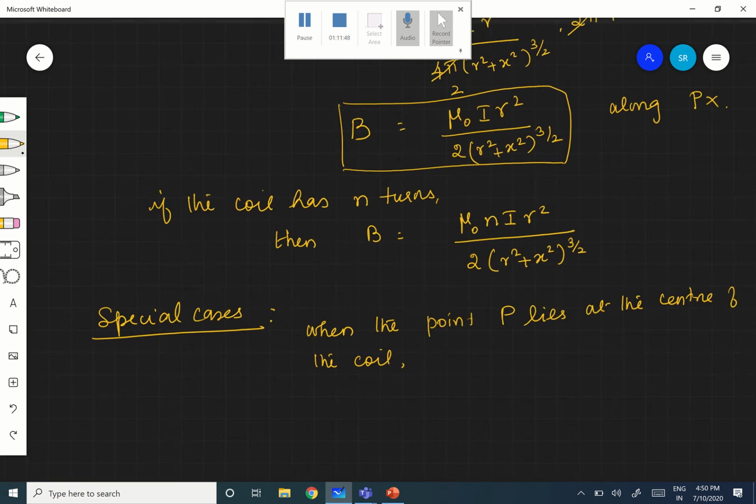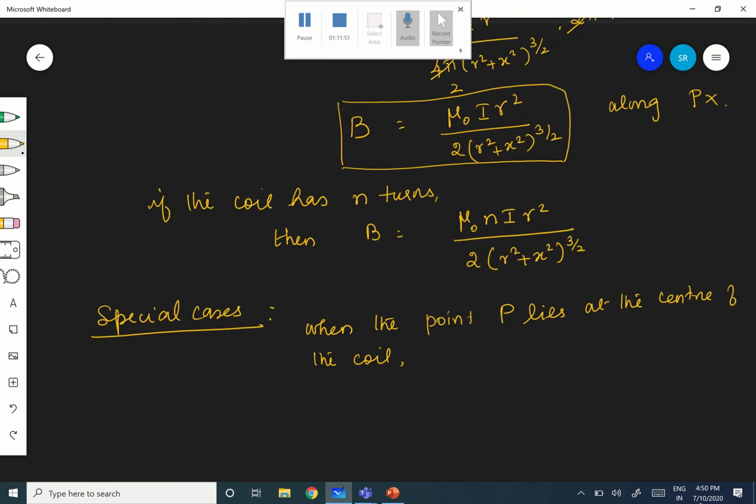Therefore x becomes 0 because P is coinciding with the center. When x becomes 0, what is your B? Therefore B is equal to mu naught n I r squared divided by 2 into, x is 0, so r cube, in this relation.